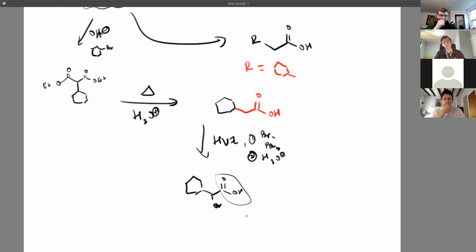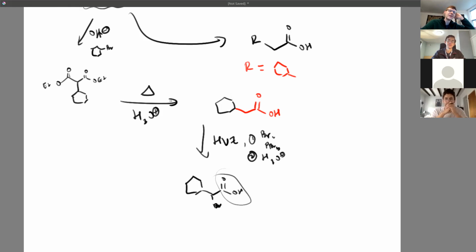So, yes, this actually would be viable if you use the reactions from the next chapter, but this is fairly complicated. So what's an alternative approach to the alpha halogenation?